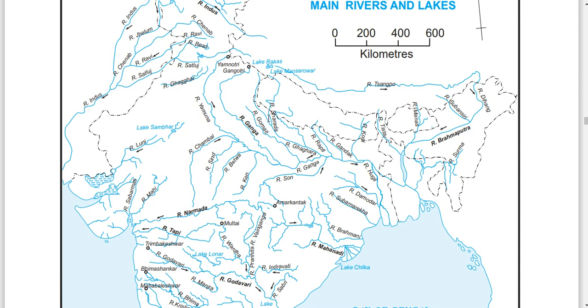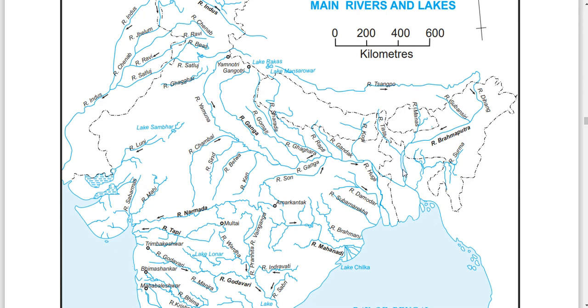Then Sharda River, Ghagra River, Rapti River, Gandak River, Kosi River, Teesta River, Manas River. This is Brahmaputra River.